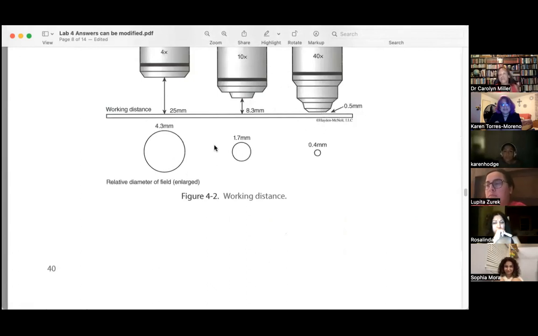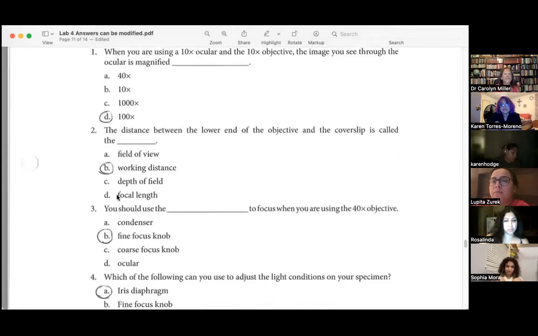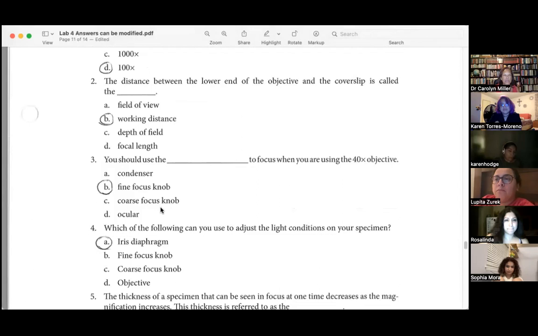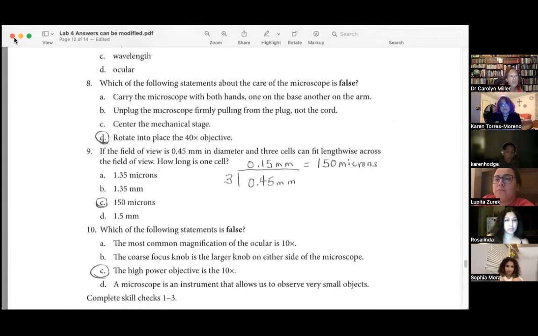But we're now teaching, start with scanning and then slowly increase the power. Some of these you will see on there. We'll go through these answers tomorrow. I get my questions directly from the lab. That's lab 4. Lab 5, we will do tomorrow.